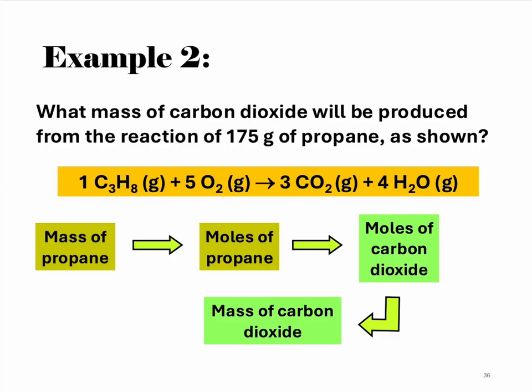Mass of a... Where's carbon dioxide in this chemical reaction? On the right side of the equation, right, which is the product side. So now if we have this much propane, how much CO2 are we going to have for each reaction, or 175 grams of propane? How much CO2 are we going to produce?